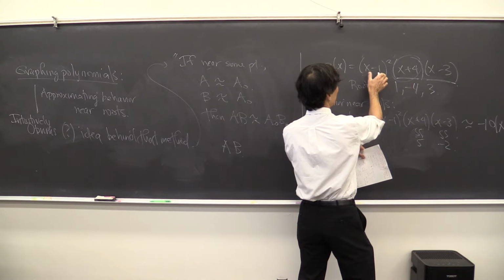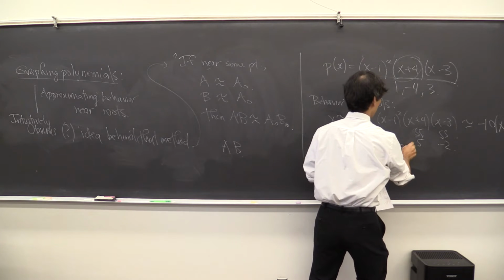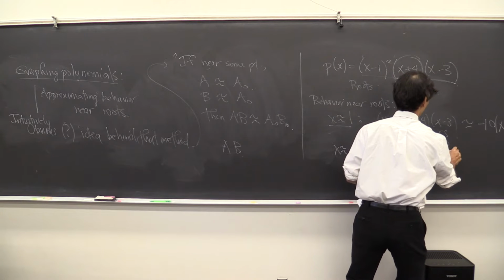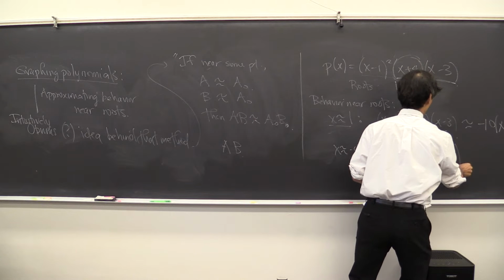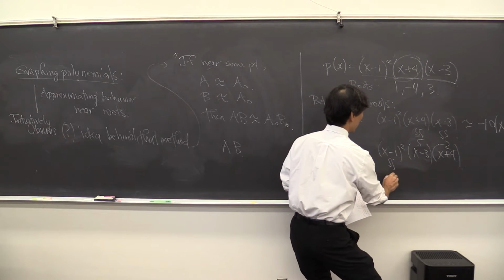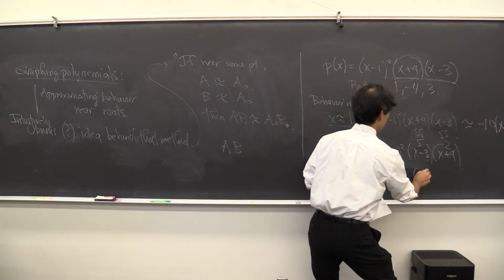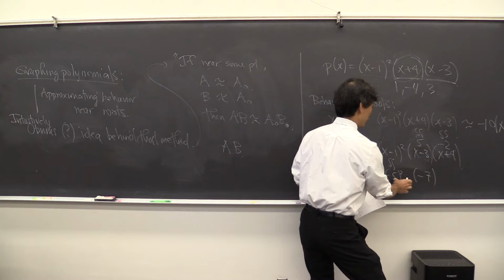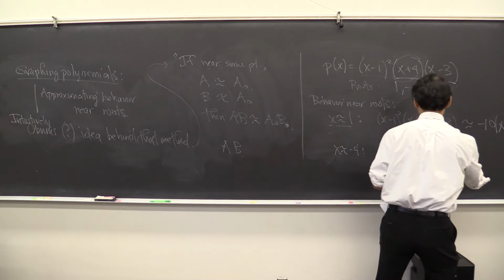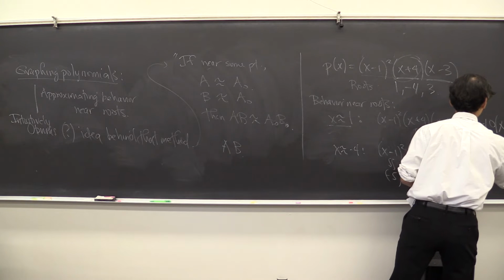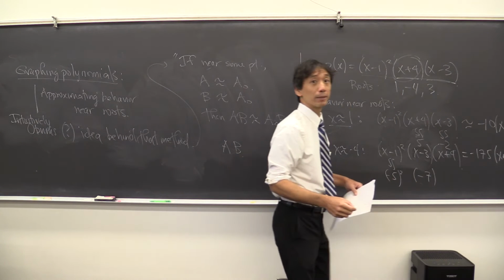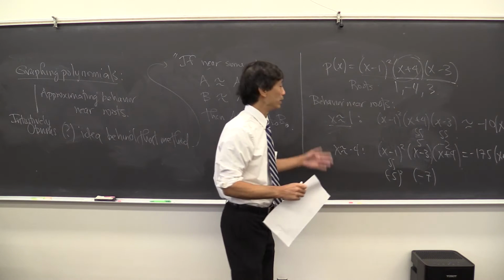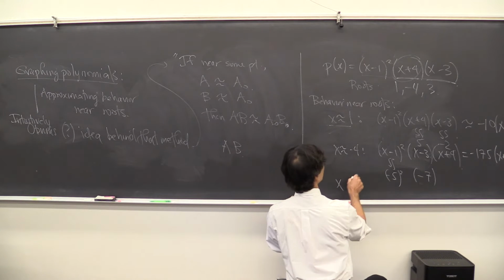Here we get -5 squared, that's 25, and this other factor would be -7. So 7 times 25 is 175, so -175 times x plus 4, and so on and so forth.